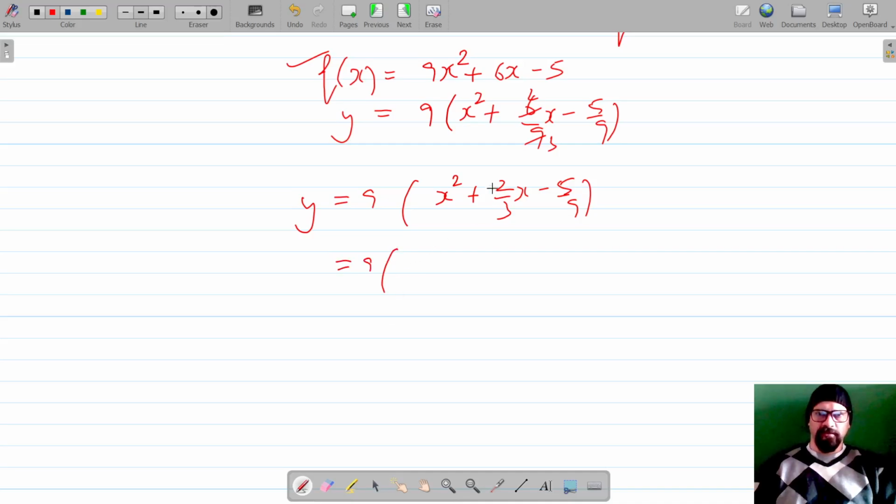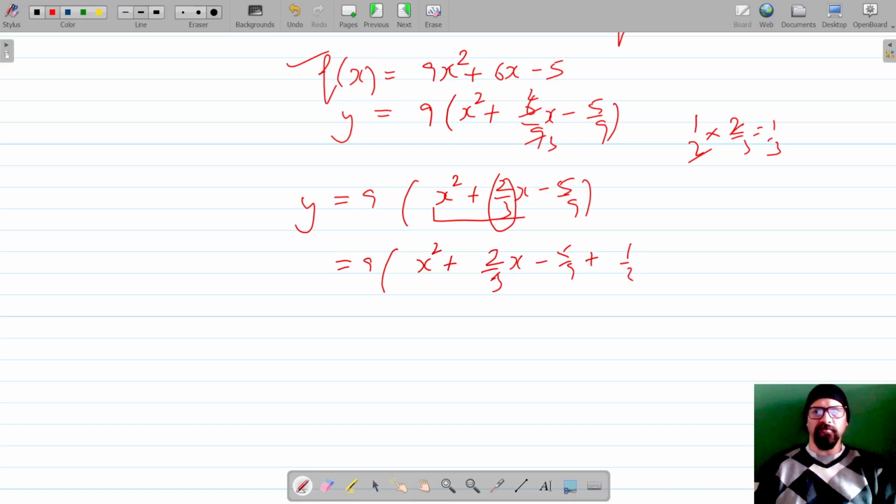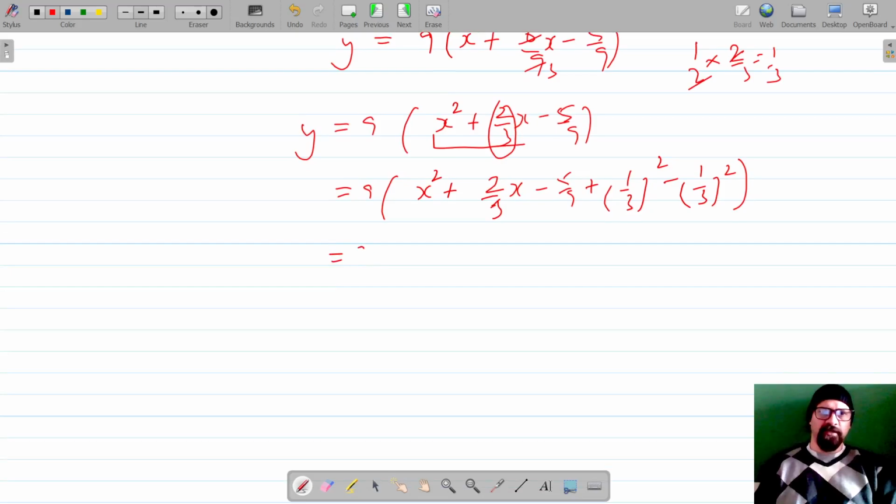So y is equal to 9 times x squared plus 2 by 3x minus 5 by 9. We are going to change this into a plus b the whole square. Half of 2 by 3 is 1 by 3, so I'm going to add 1 by 3 the whole square and subtract it as well.